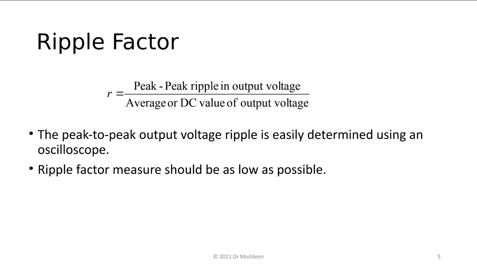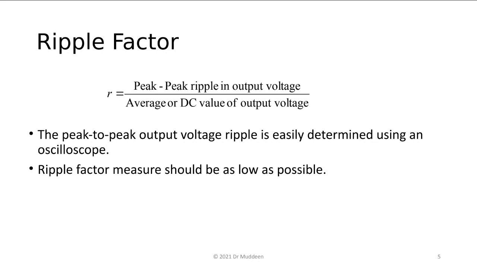And usually you get the peak-to-peak output ripple by putting an oscilloscope on the power supply. Once you have designed the power supply, you put it under the maximum load that it is supposed to provide. So you connect it up to some resistors that it is supposed to power. You measure load by the amount of current that is drawn from the power supply.